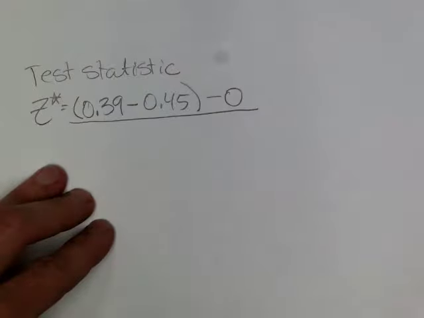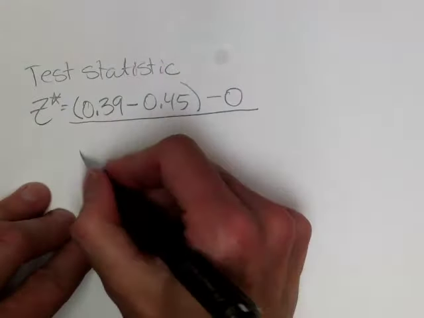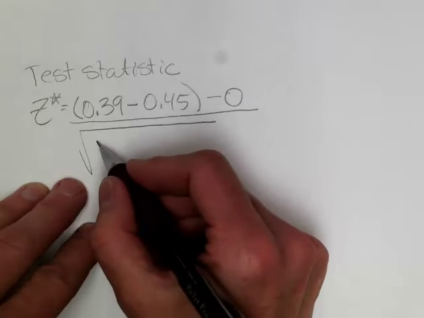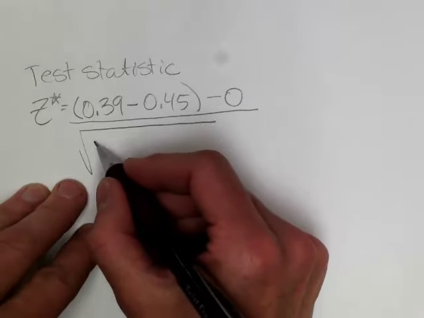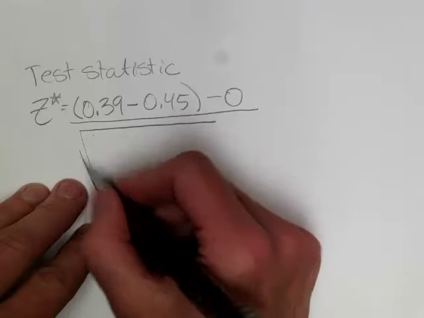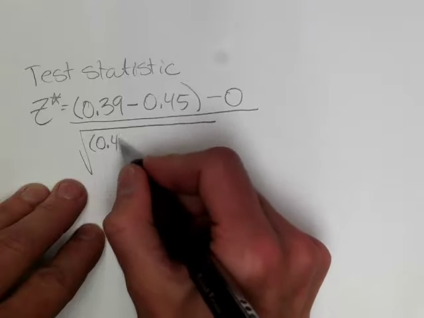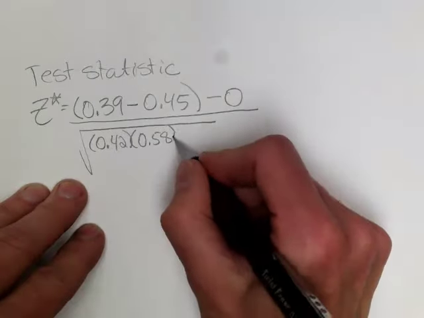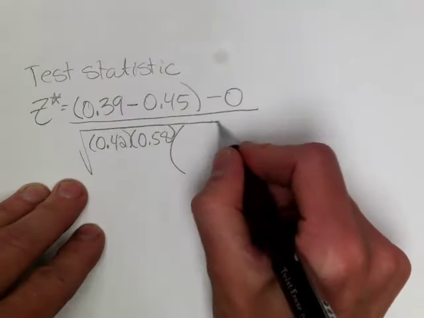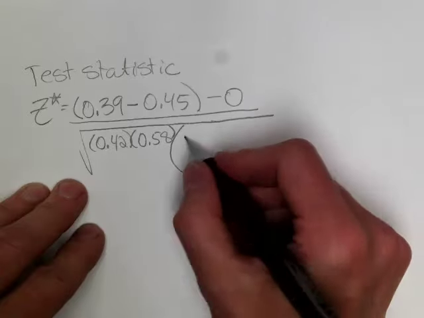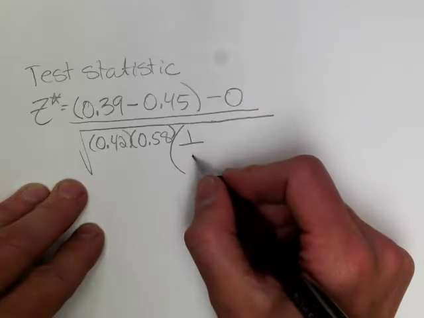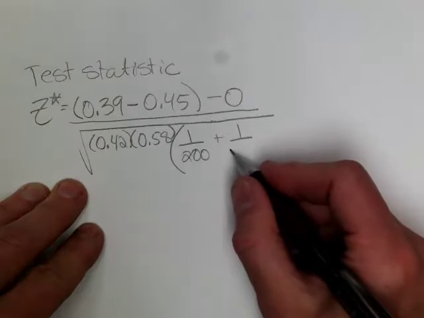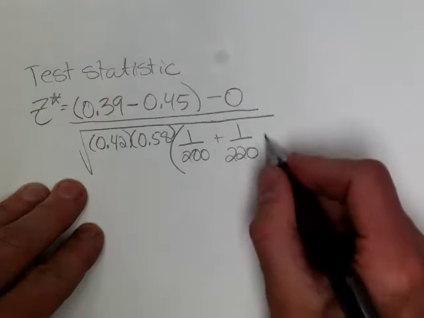Now the denominator is a little cumbersome. It involves the pooled proportion and then the complement to it, so it's going to be under the radical. We have 0.42 times 0.58 times, let me extend that radical, 1 over the first sample size, which was 200, plus 1 over the second sample size, which was 220.